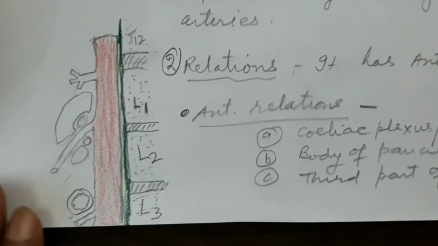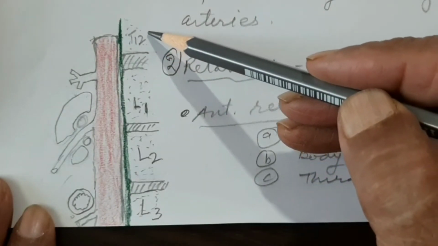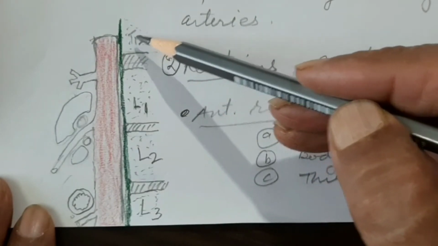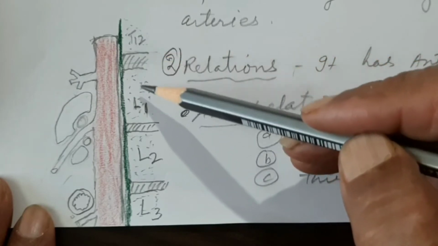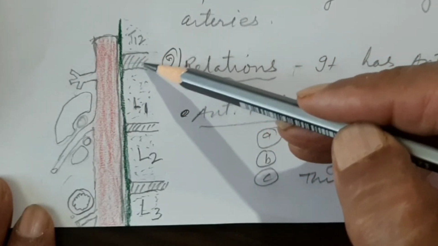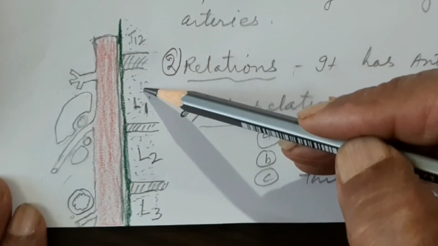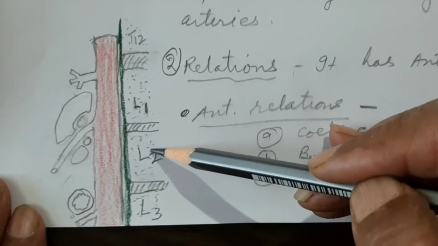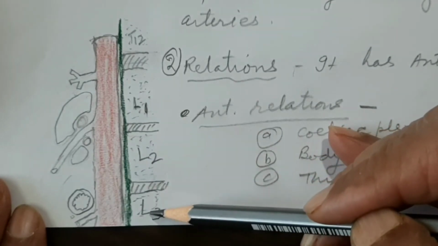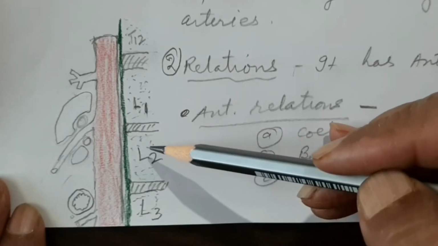This is the diagram where this is the body of the 12th thoracic vertebra. This is the body of the L1 vertebra, and this is the intervening intervertebral disc between T12 and L1. Similarly, this is the L2 vertebra, this is the L3 vertebra, and these are the intervertebral discs.